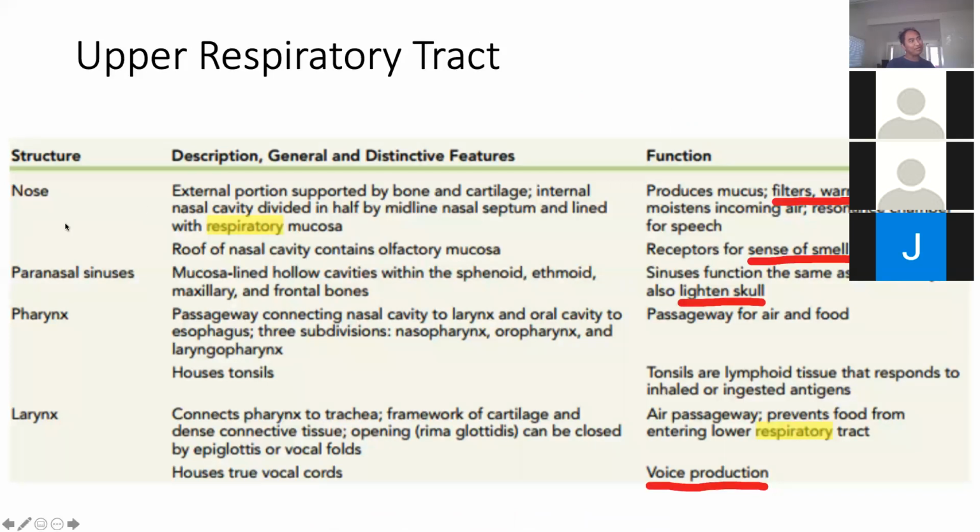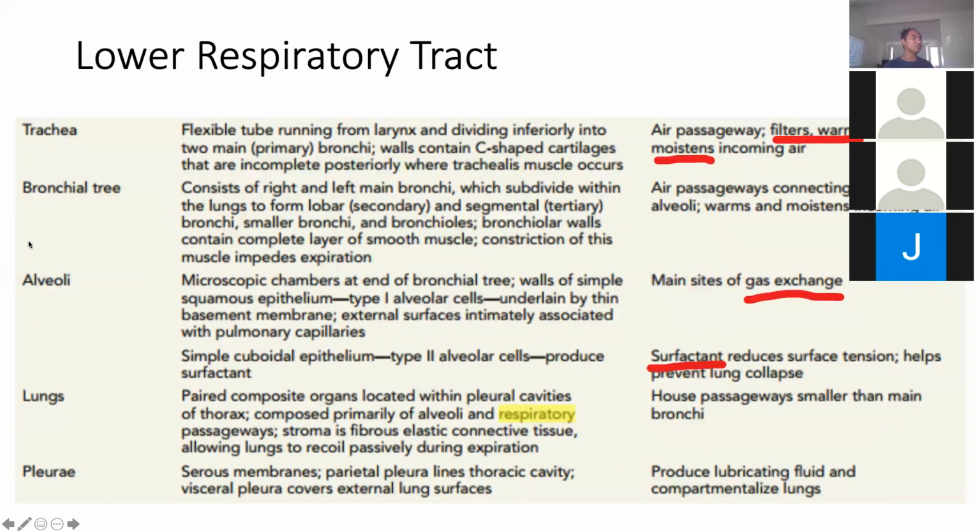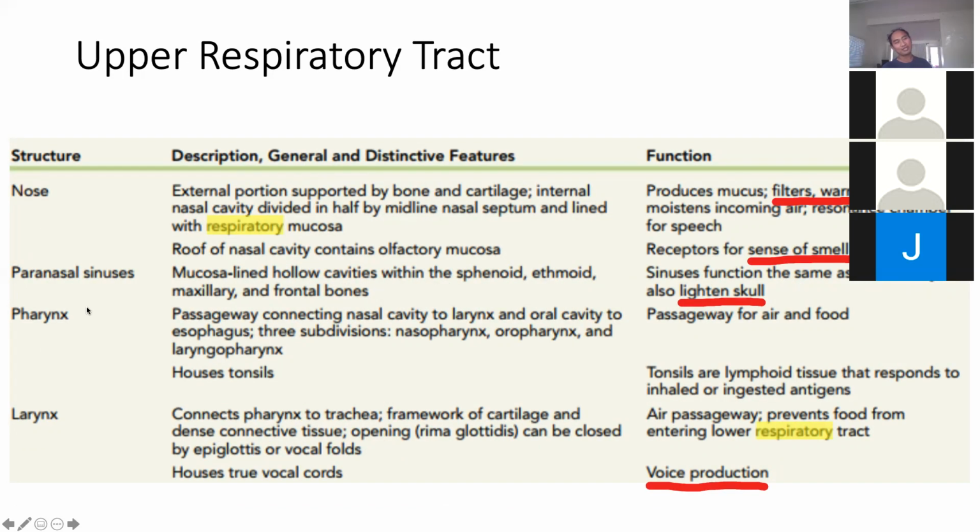Upper respiratory tract extends from the nose to the larynx, and lower respiratory tract extends from the trachea to the alveoli. What is the difference?